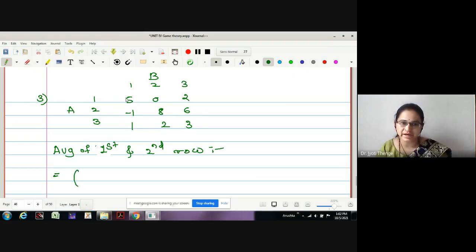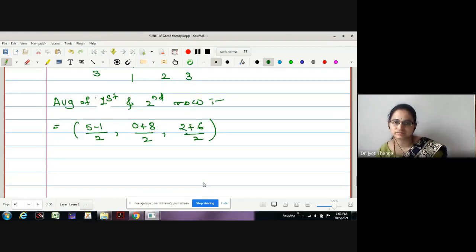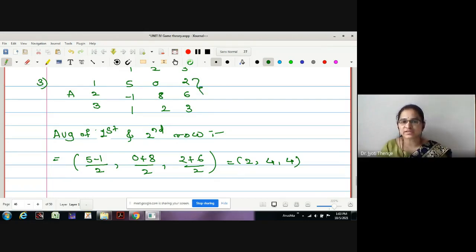So what are the entries? 5 minus 1 upon 2, 0 plus 8 upon 2, 2 plus 6 upon 2. Right? So the entry will be 2, 4, 4. That is, the convex combination of these two rows gives me 2, 4, 4.